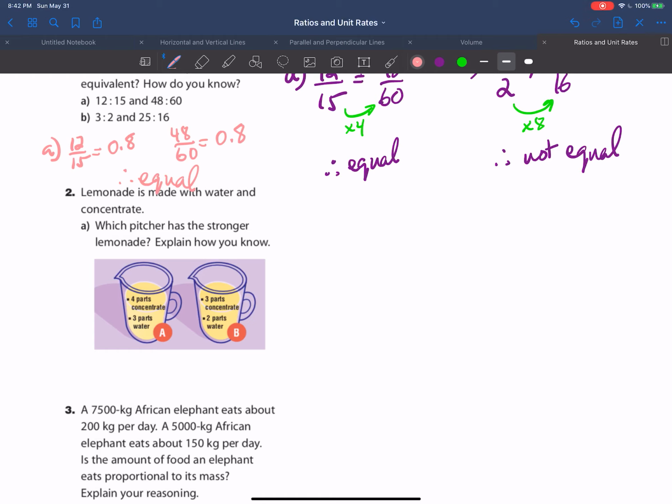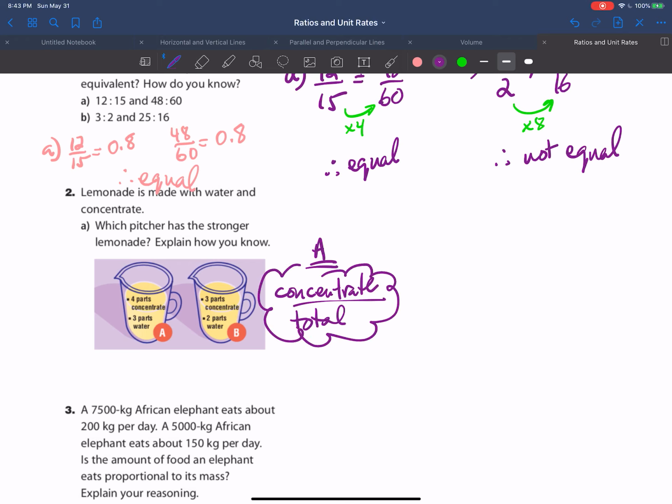So for pitcher A, we have 4 parts concentrate to 3 parts water. So the more concentrate it has, the stronger it's going to be, but it's also compared to the water. So if I compare concentrate to our total, we can see which one has more concentrate.